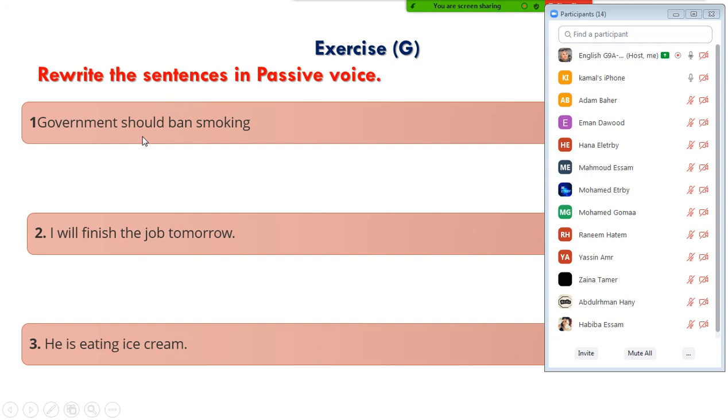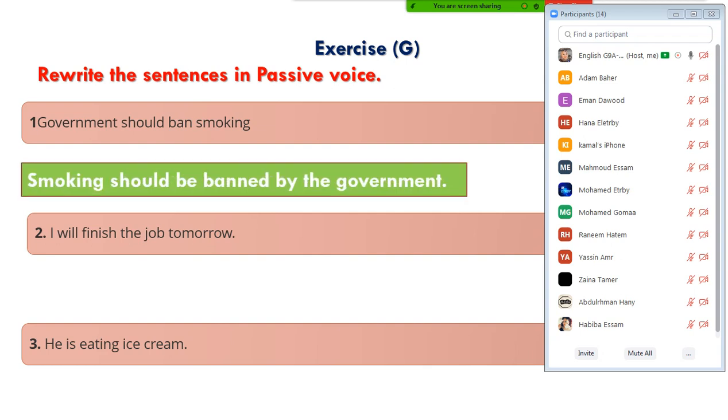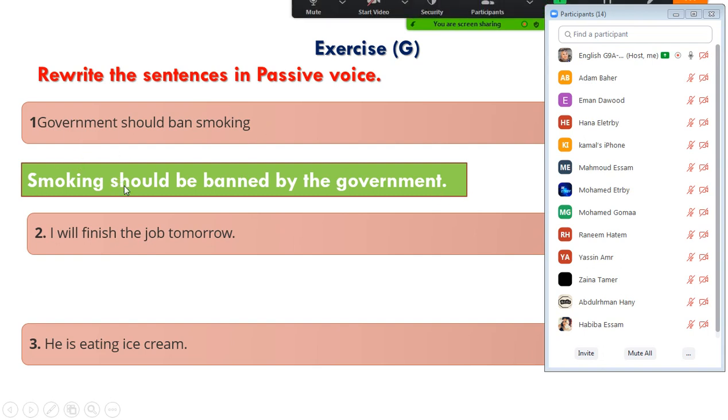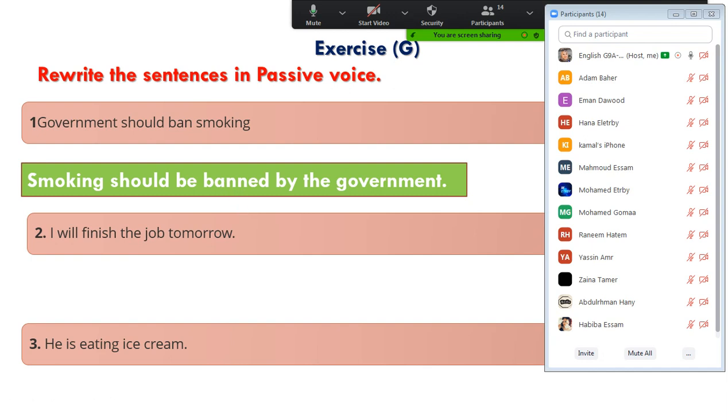Should here, we call this a modal verb. Should, could, will, would, all those are modal verbs. We deal with them like will, exactly like the future. So that is what Kamal said. He switched the subject and object. Smoking should be banned. Should followed by the infinitive form of verb to be and the past participle of ban. Banned means that it is prohibited. By whom? By the government.